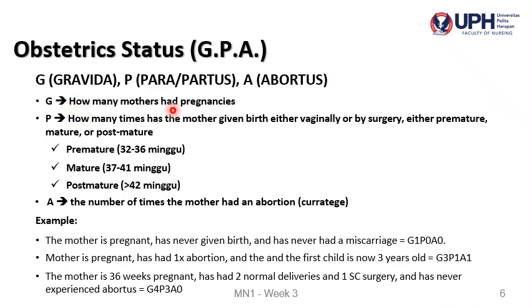So G is how many pregnancies the mother has had, and then P is how many times the mother has given birth, either vaginally or by C-section, and it can be premature, mature, or postmature. Remember that premature is within 32 to 36 weeks, mature is 37 to 41 weeks, and postmature is more than 42 weeks.